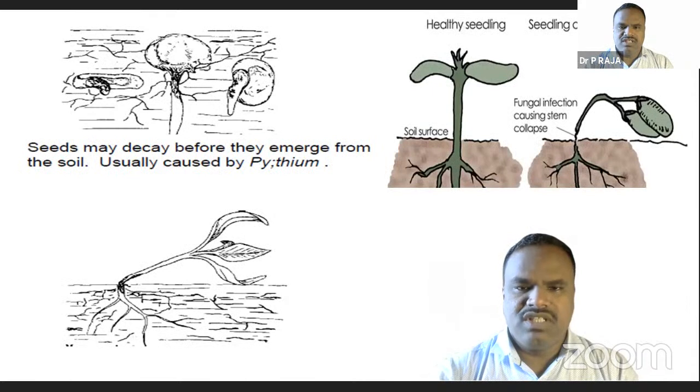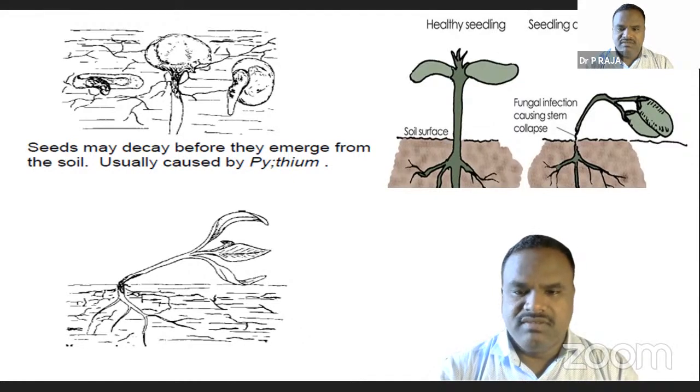I would like to show this here. You see in these pictures on the left, the pathogen starts attacking the roots, and thereby rotting, it will not come out. And you can see here the toppling of a seedling, the infection on the crown region.